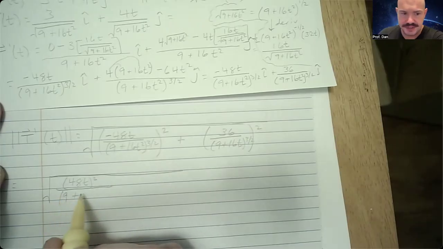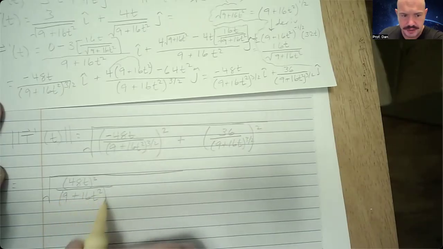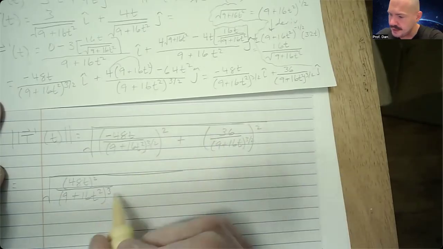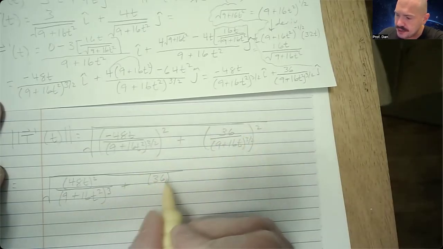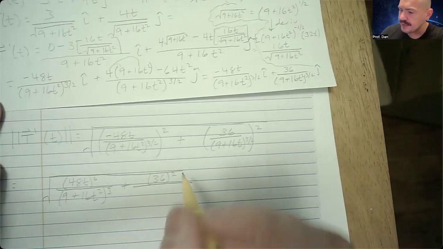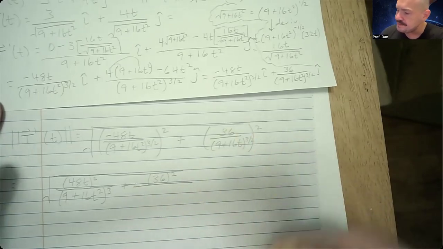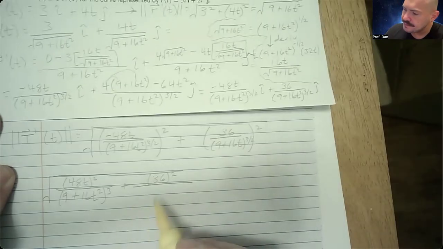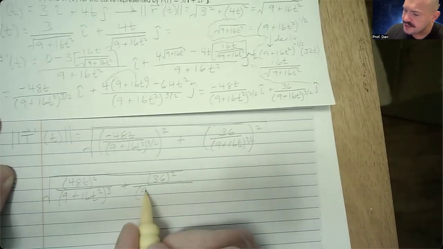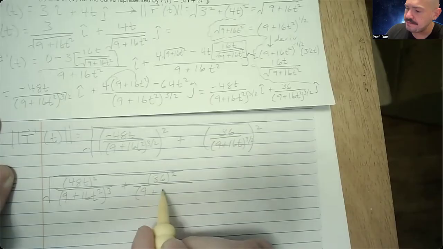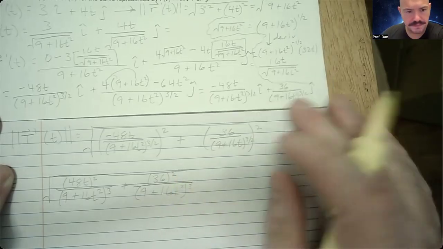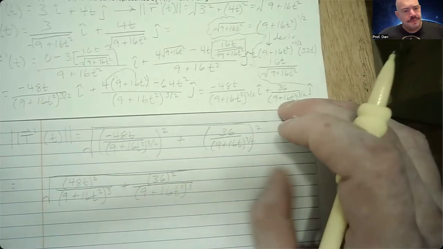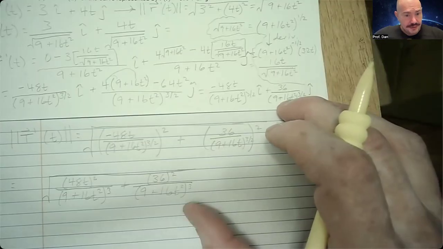So 9 plus 16t squared to the third power. Then for this one, 36 squared over the same denominator. And that gives us the magnitude.